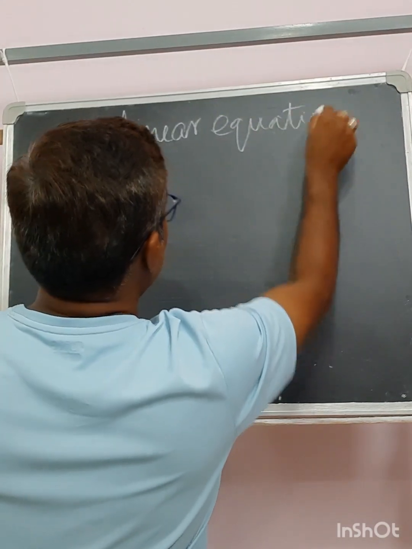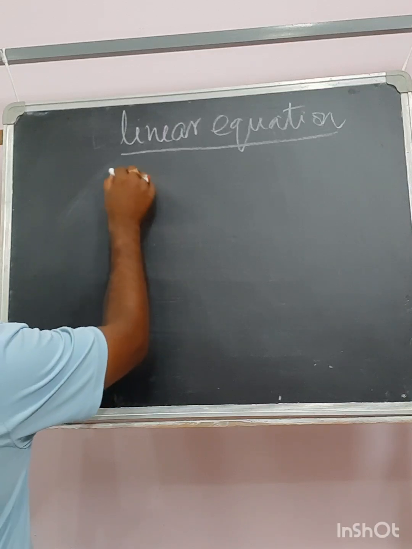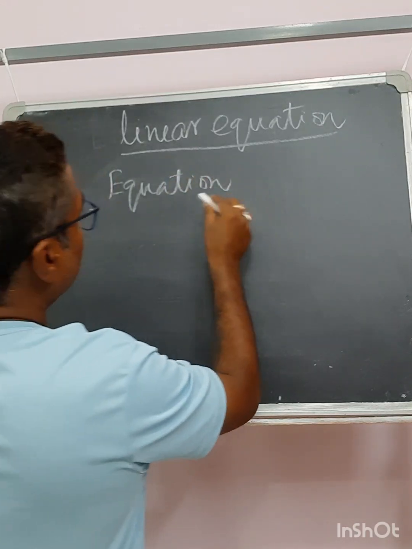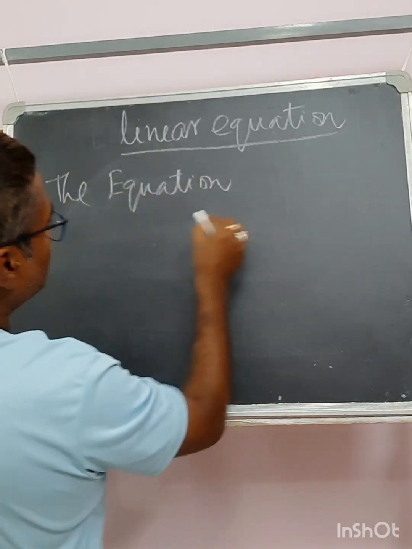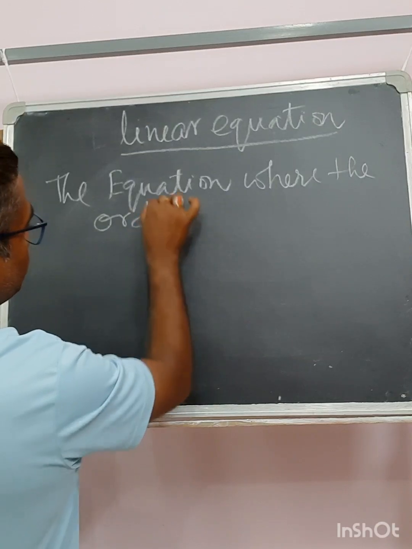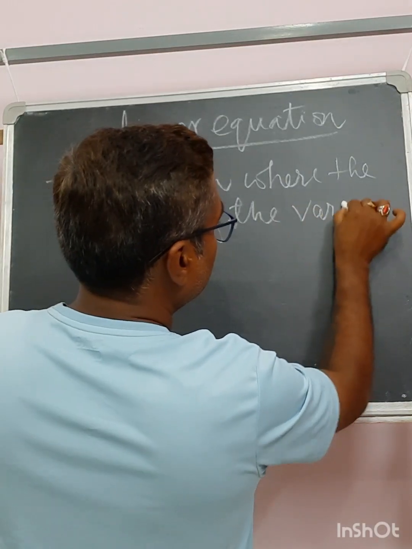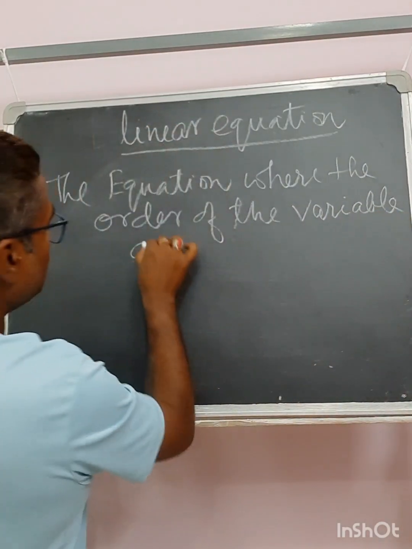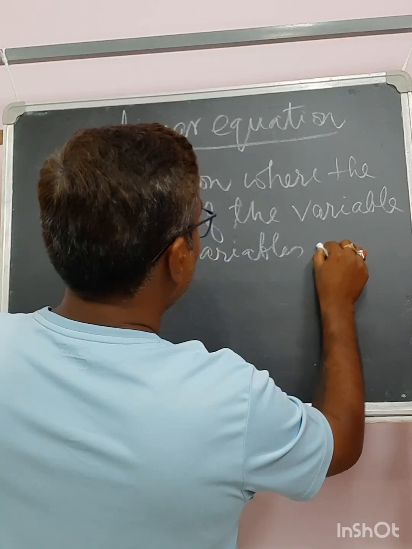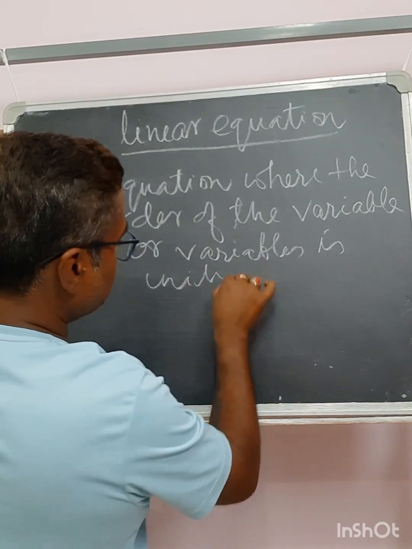So a linear equation is an equation where the order of the variable or variables is unity, or 1.